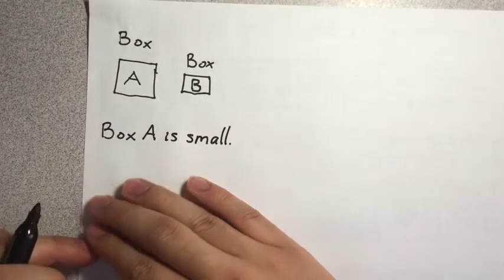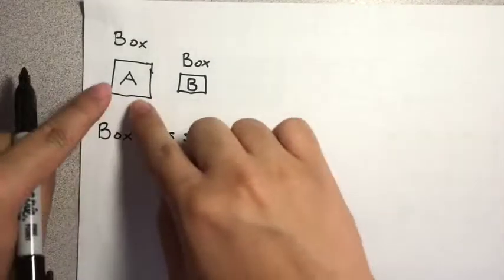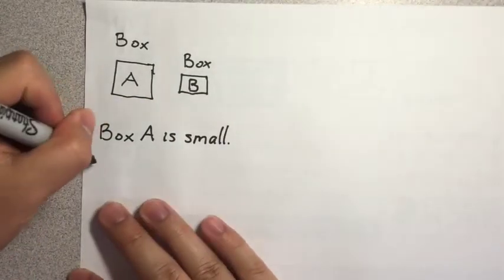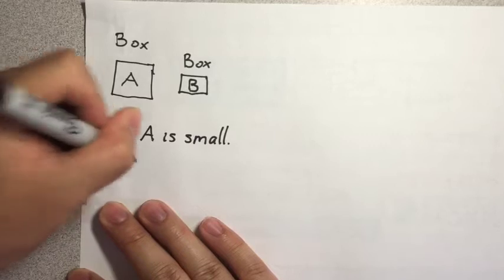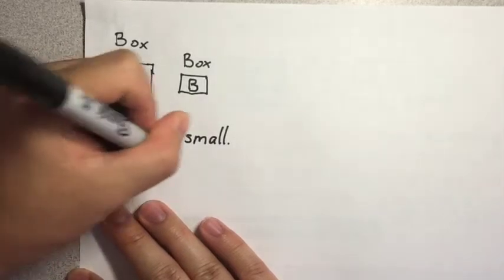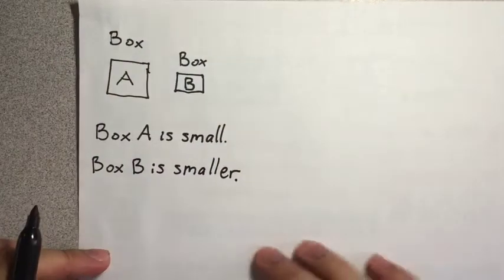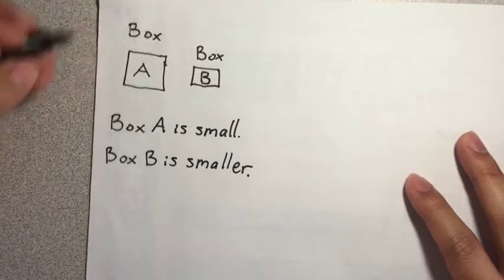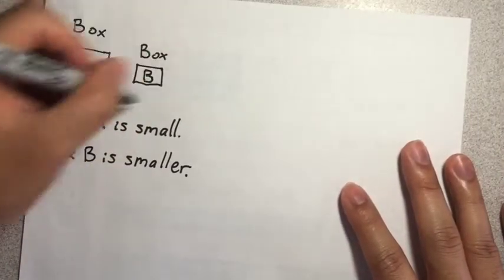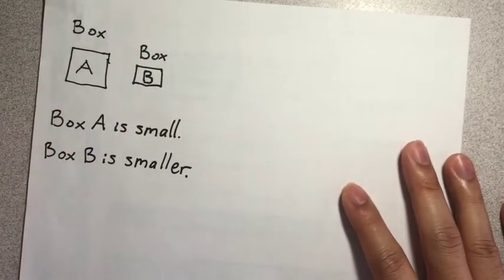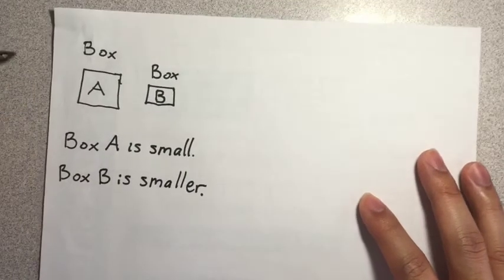Box B is smaller than box A, right? Because there's only two, we say smaller because we are comparing two items.